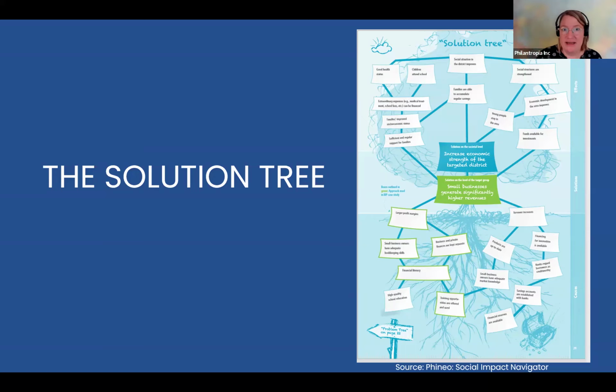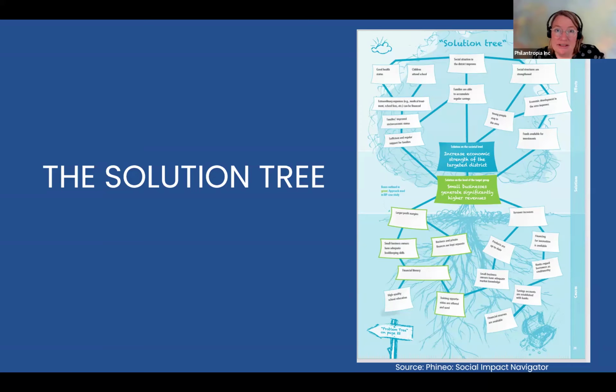Because if you have identified that cause for this issue, then fixing the cause should fix the issue. So you would write the whole tree and flip every single statement, and that leads you to a solutions tree. Because usually if you understand the causes, that should lead you to a good solution. And again, if you put every root cause, every single one, you have a holistic understanding of the whole issue.